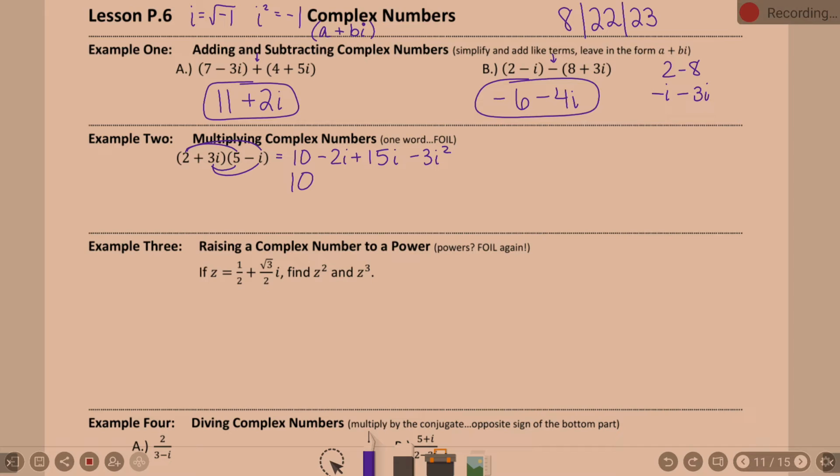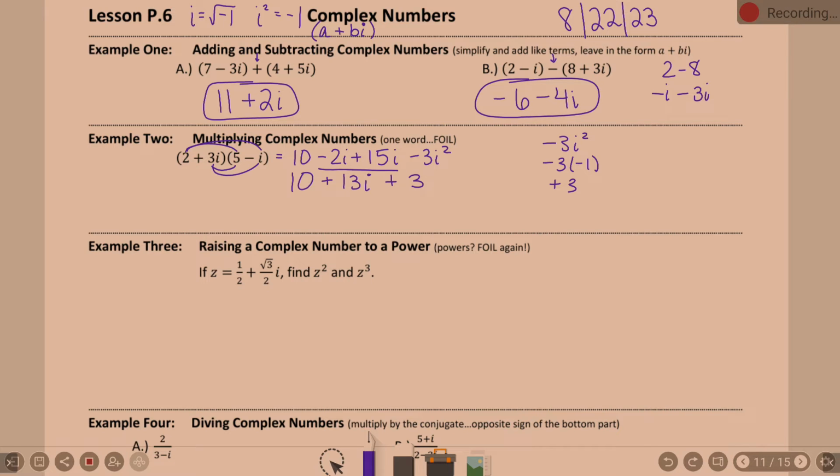10 stays 10. Minus 2i plus 15i is going to be plus 13i. Can you do -3 times i squared? What do we know about i squared? i squared is -1. So -3 times -1 becomes plus 3.